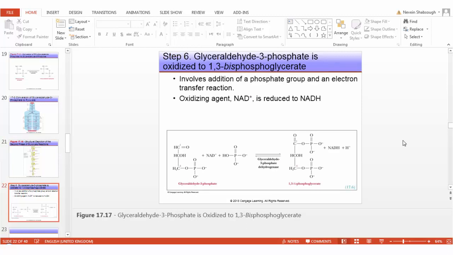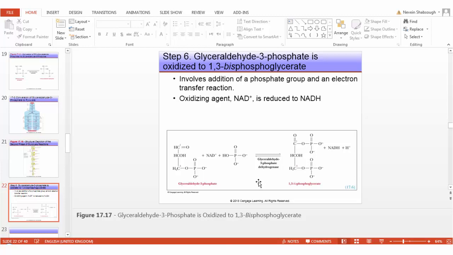So, glyceraldehyde phosphate now is oxidized to 1,3-bisphosphoglycerate, and this figure shows us the reaction. Notice here we need an oxidizing agent, NAD+. Also we need an inorganic phosphate, which is added to the substrate to form this 1,3-bisphosphoglycerate.